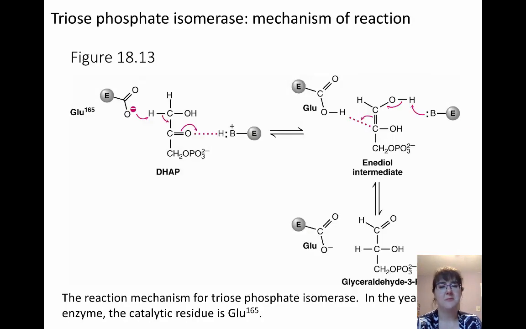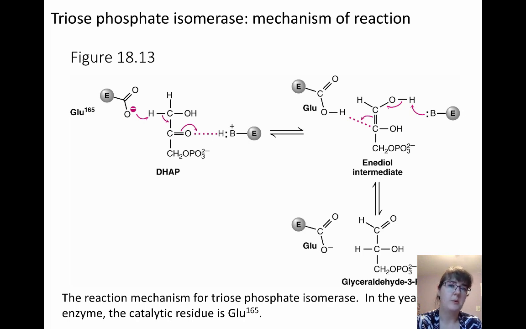As far as our mechanism goes, what I want you to realize is that we're going to see a lot of things that are fairly similar to when we looked at our other isomerase earlier, the phosphoglucoisomerase enzyme.